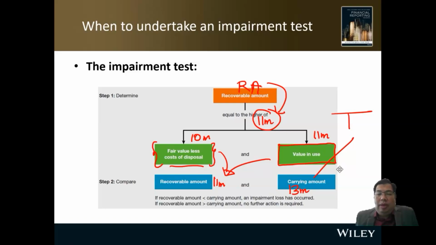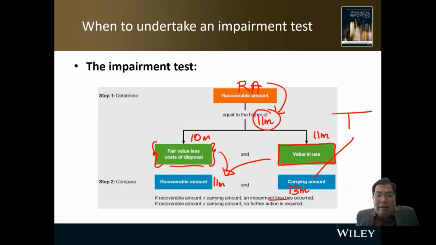So if your recoverable amount is lower than your carrying amount, an impairment loss has occurred. I repeat, if the recoverable amount is lesser than the carrying amount, the impairment loss has occurred.